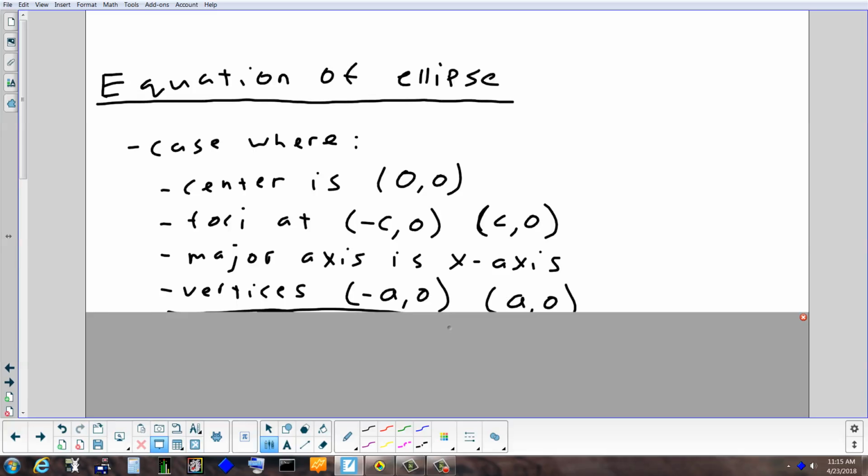A units right, A units left. Everything is symmetrical. So if one vertex is 7 units to the right, the other vertex is 7 units to the left. So A is the distance from the center to the vertex. Notice I didn't say from the origin to the vertex. Technically that would be true here because the center is at the origin, but it won't always be.